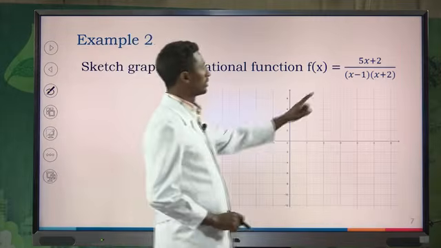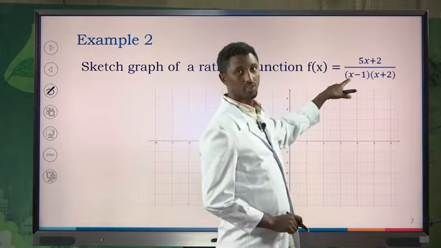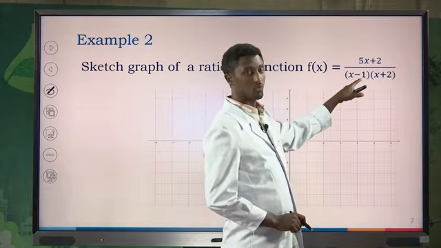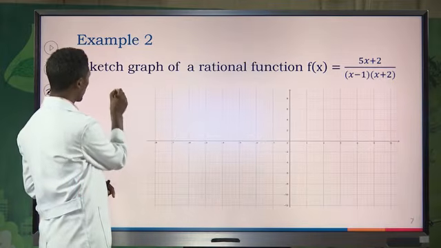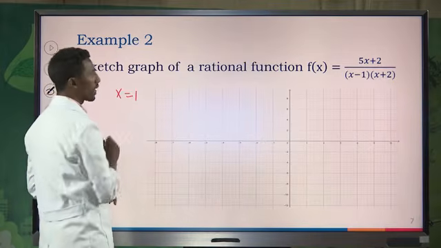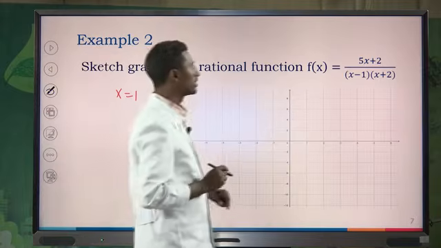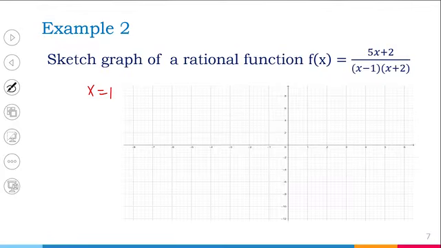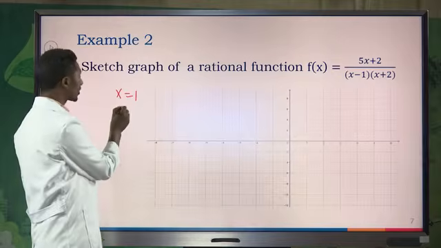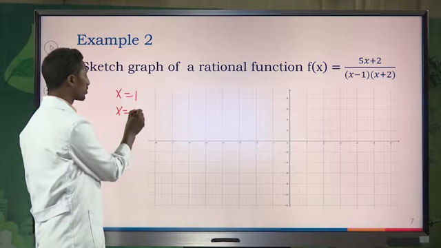If we substitute x equals 1 here, 1 minus 1 is equal to 0. So x equals 1 is one vertical asymptote, and the other one, x plus 2: at what number will this be 0? At minus 2. Then the other vertical asymptote is x equals minus 2.